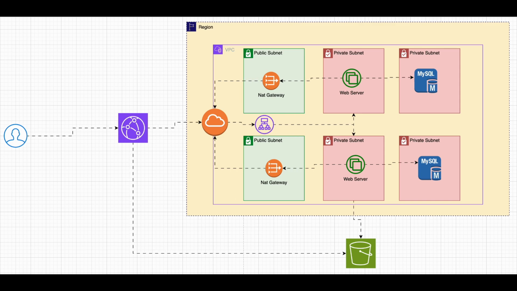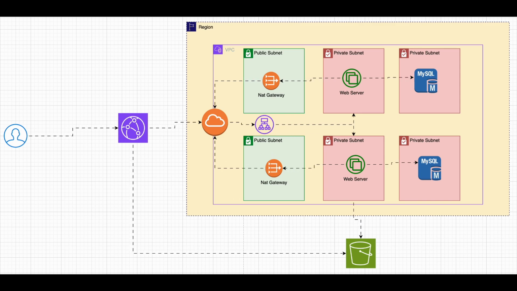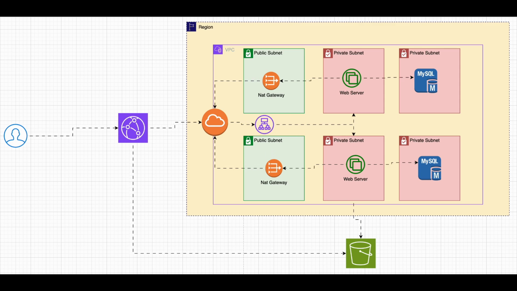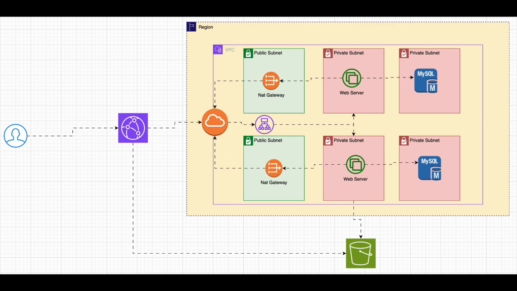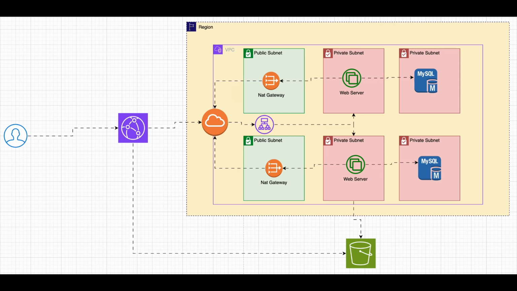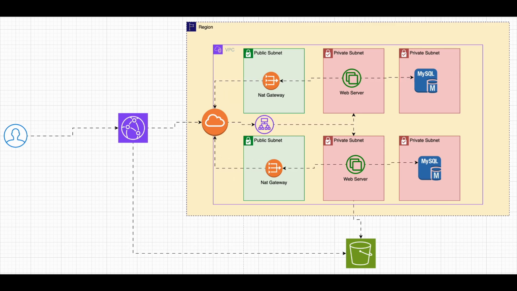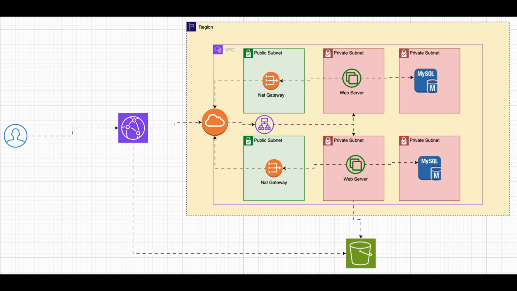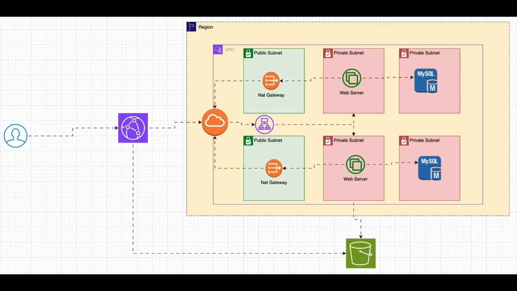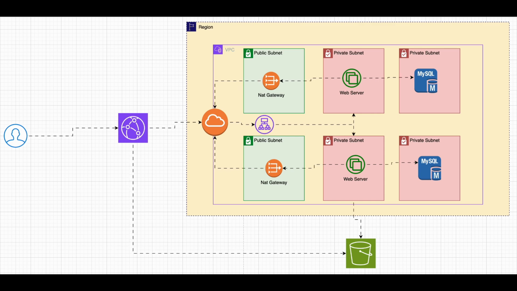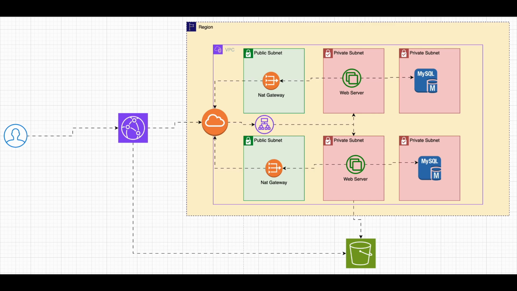If all the web servers in one zone fail, then the load balancer will make sure all traffic goes to the healthy web servers in the other availability zone. This means that the website can remain up and running even if some of the web servers fail, thus making your system more fault tolerant. Also, distributing the traffic across multiple servers ensures that your system can handle more users and traffic without slowing down or crashing, which is essential for high availability.